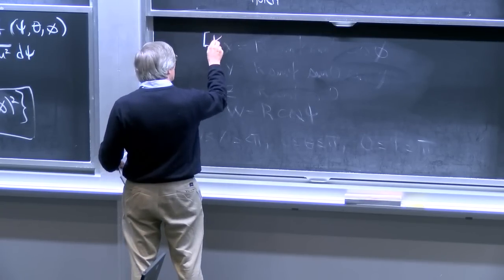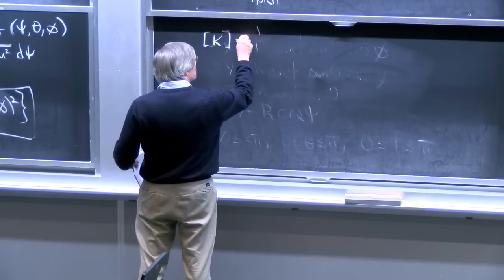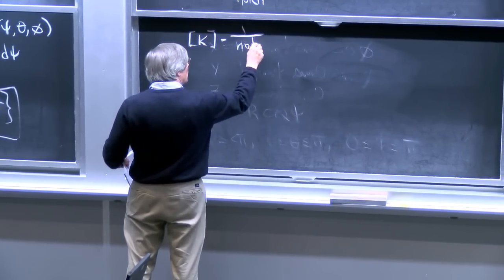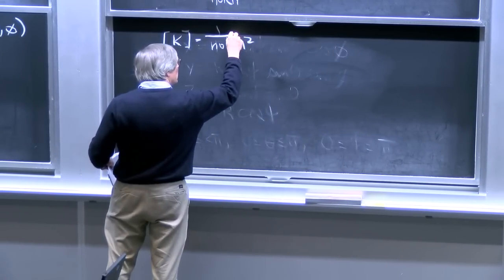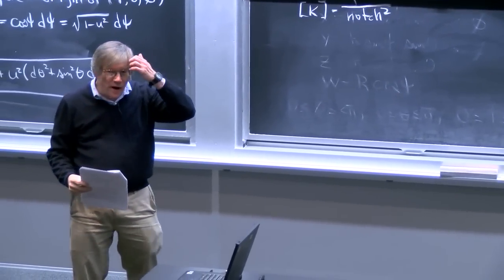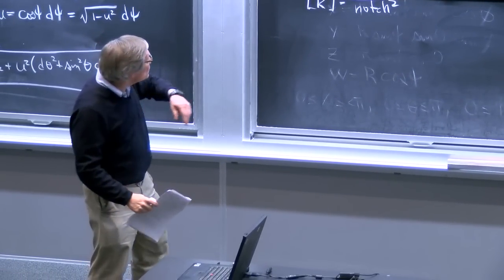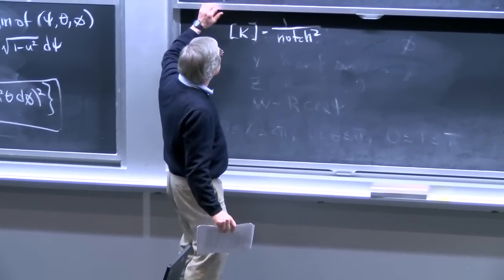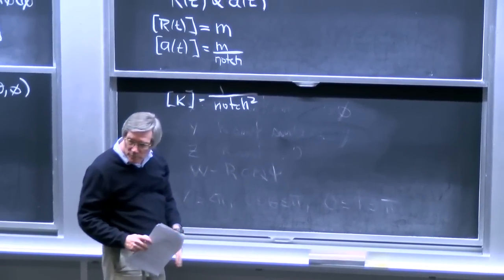Units of k is 1 over notches squared. And that's the only thing around that we could find that has units of notches. So we're going to use that to make the units turn out right in this equation.